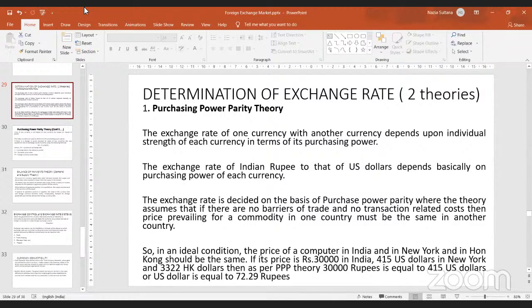So this is called your purchasing power parity theory. If you have any issues in understanding, stop, because this is quite technical. So don't proceed with doubts in your mind.